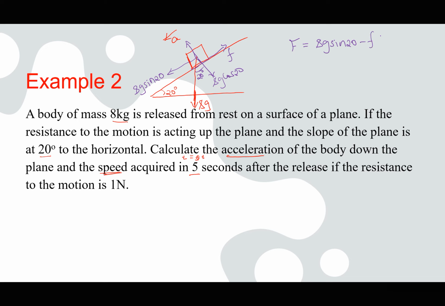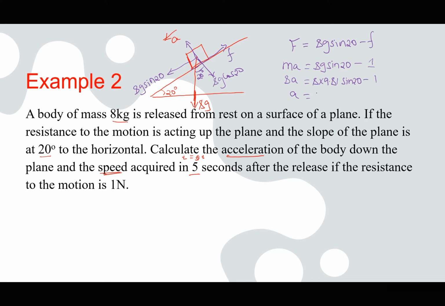Remember, the resultant force is given by Newton's second law, so I will say m times a is equal to 8g sin 20 minus the frictional force, which is going to be 1 Newton. Remember, the mass is 8, so 8 times a is equal to 8 times g, which is 9.81, sin 20 minus 1.